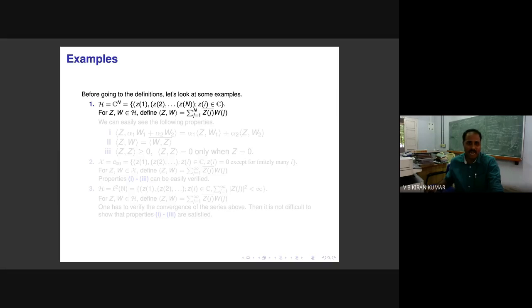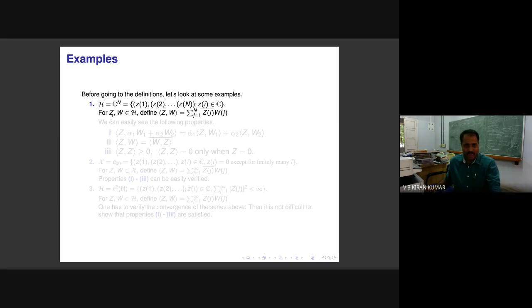You can add two vectors component-wise, and you can multiply by a complex number, again component-wise. That will satisfy all the axioms of a vector space. So Cn is a complex vector space with the usual component-wise addition and scalar multiplication.